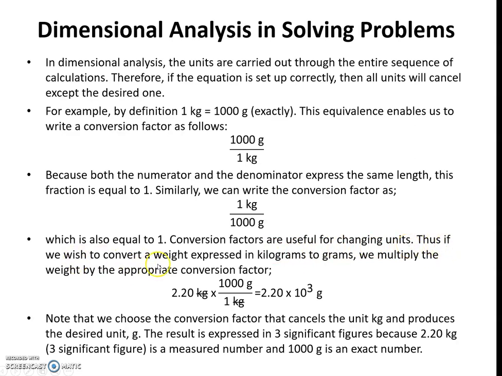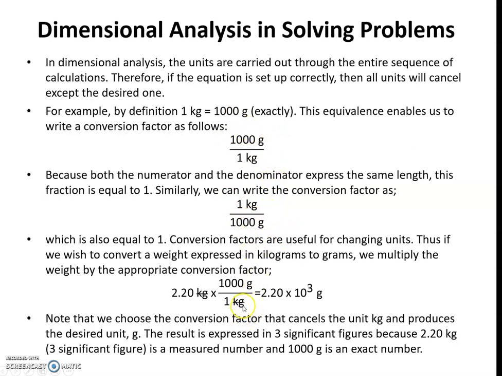Thus, if we wish to convert a weight expressed in kilograms to grams, we multiply the weight by the appropriate conversion factor as follows. This is a measured value, which is 2.20 kilograms, multiplied by the conversion factor here. So we choose which one we want.